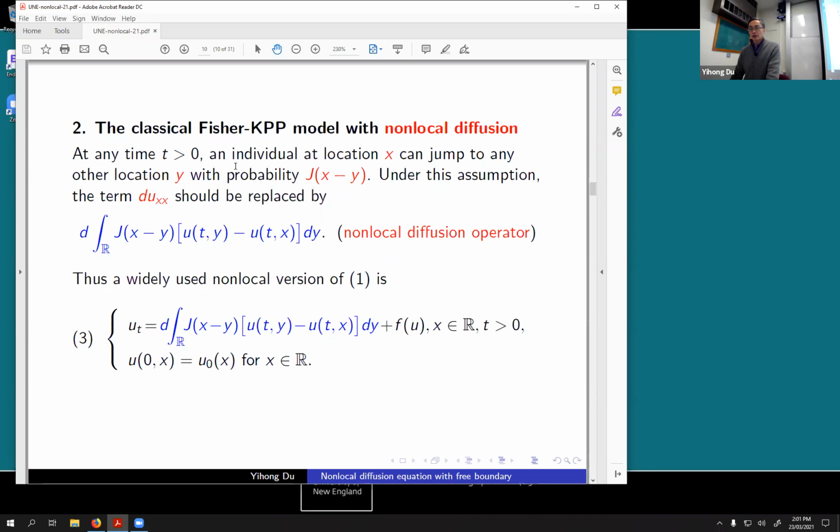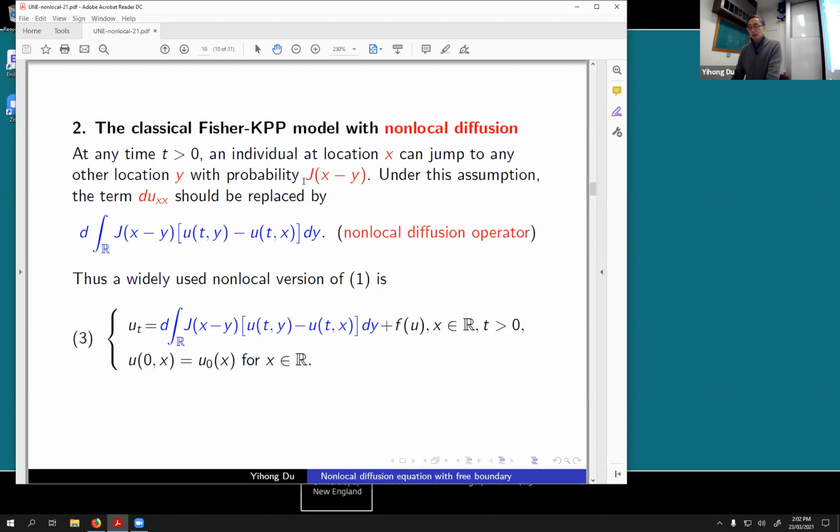Non-local diffusion means that when you think about species dispersal, an individual at location x in space can jump to any other location y with the probability given by a given function. Of course, it can be more general. It doesn't have to be a function of x minus y, but this is a very popularly used, natural one. It could just be a two-variable function. But in this talk, I'll stick to this simple situation.